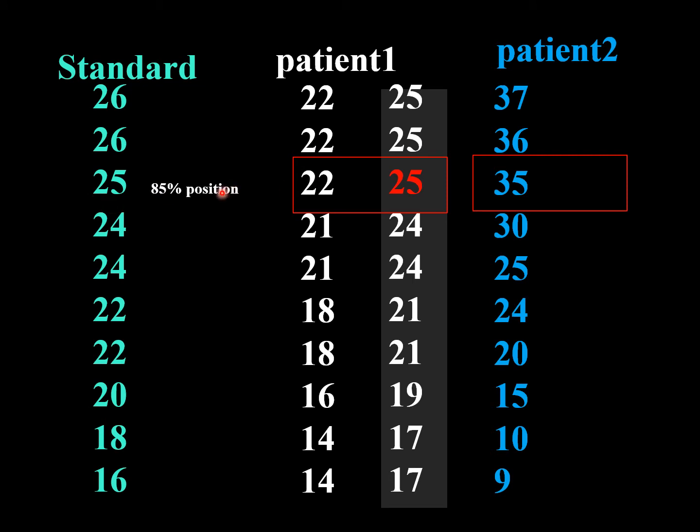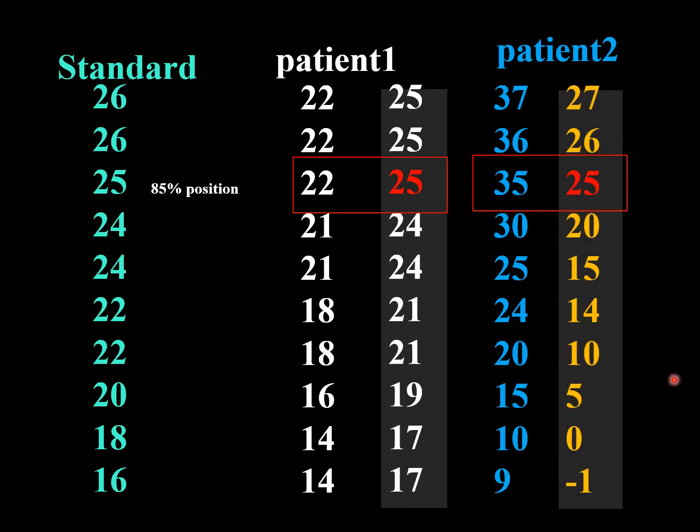So this 3 will be added to everything. All these values will be elevated by 3. In the second patient here, the difference is 10. Here the patient is higher than the normal, so the software will reduce everything by 10.